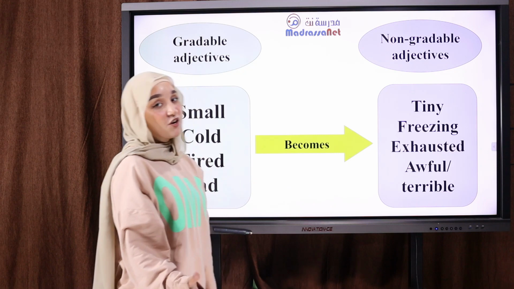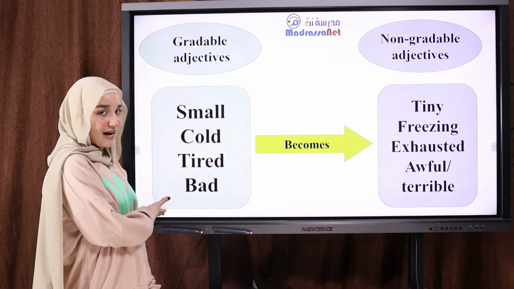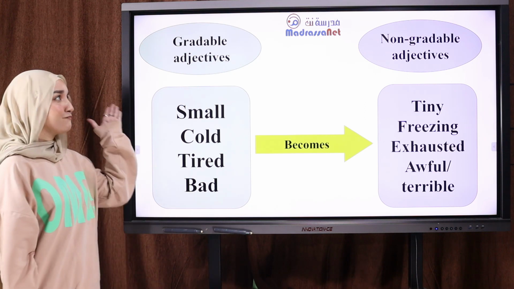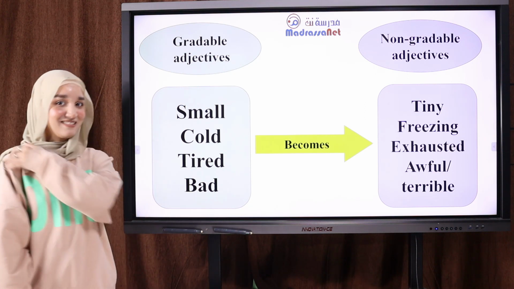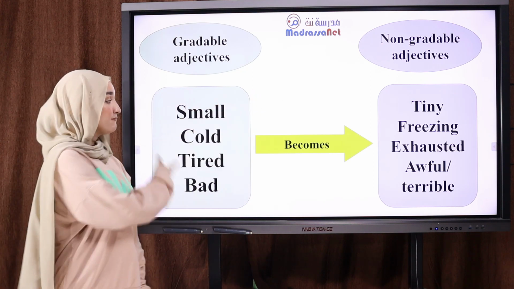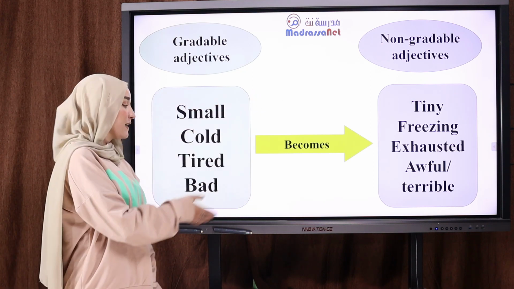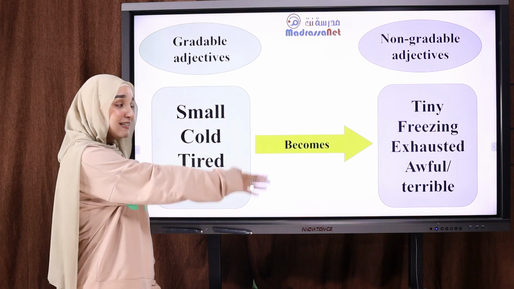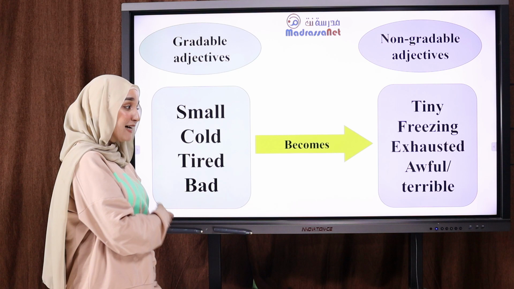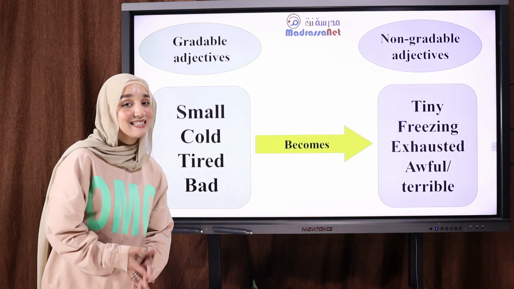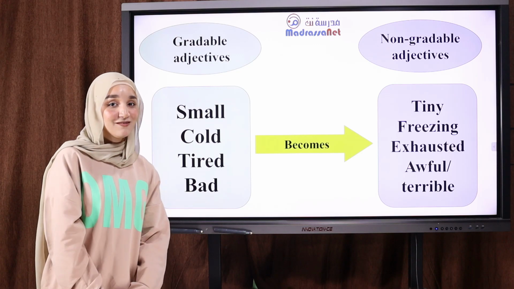Terrible is the strong adjective, and bad is the basic adjective, also known as the gradable adjective. Okay? So small, tiny, cold, freezing, tired, exhausted, bad, terrible, or awful. W is silent, awful. Okay?